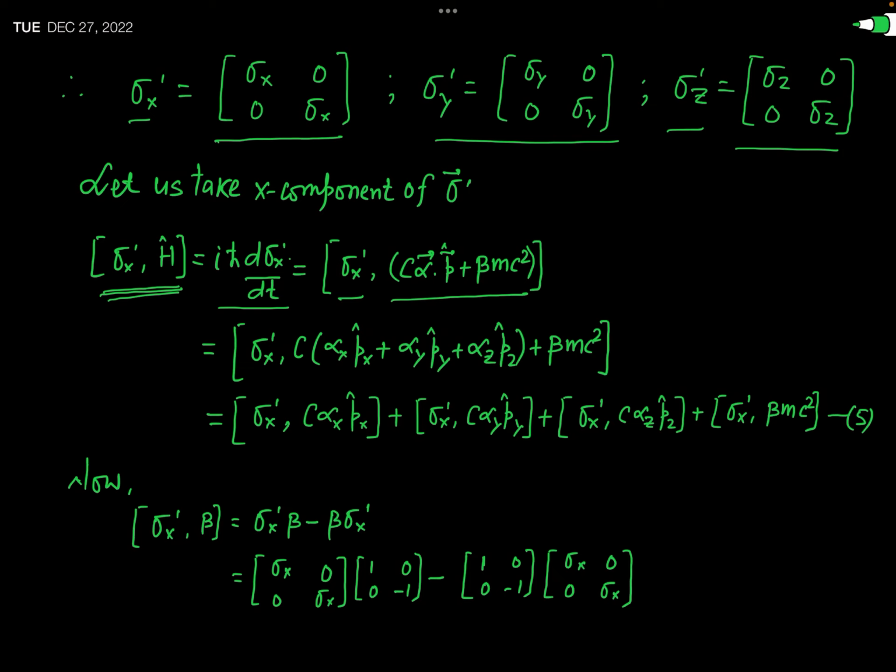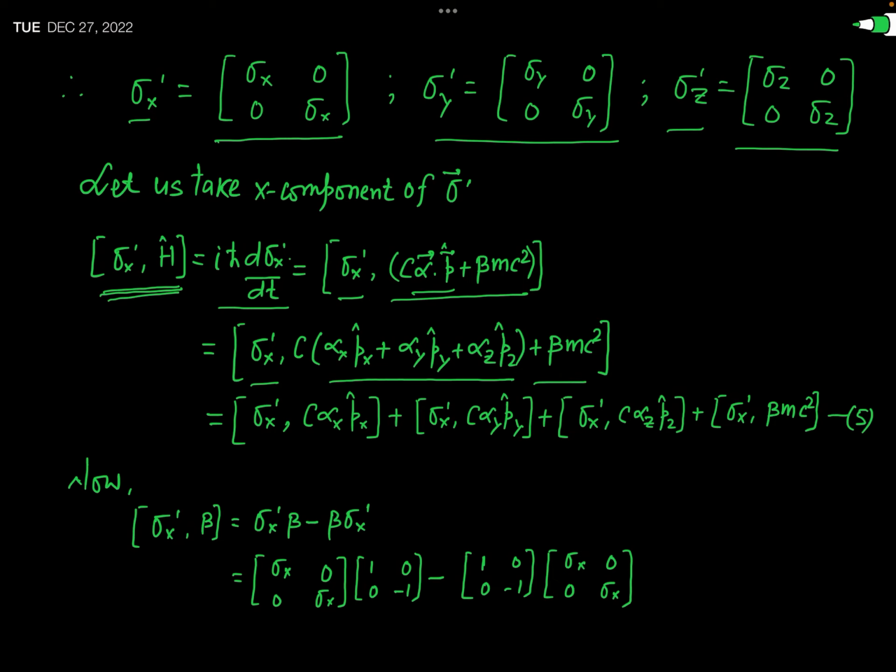Now this alpha dot p will be equal to alpha x px plus alpha y py plus alpha z pz. So this expression has been rewritten like this: the commutator of sigma x dashed with c alpha x px plus alpha y py plus alpha z pz plus beta m c square.